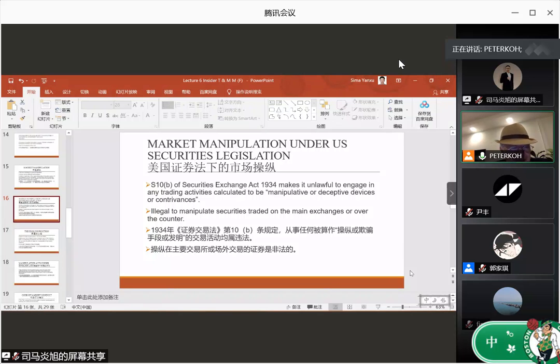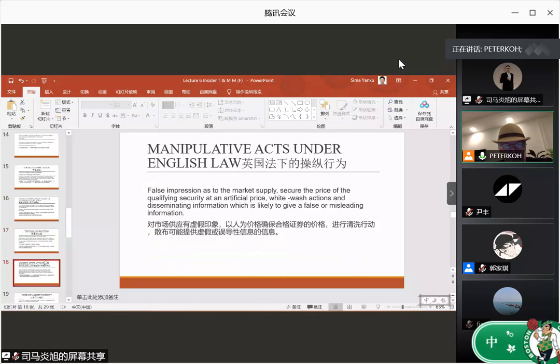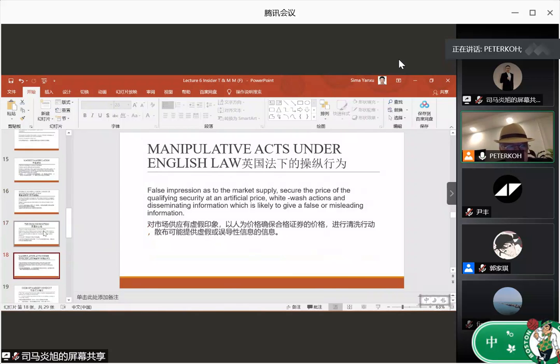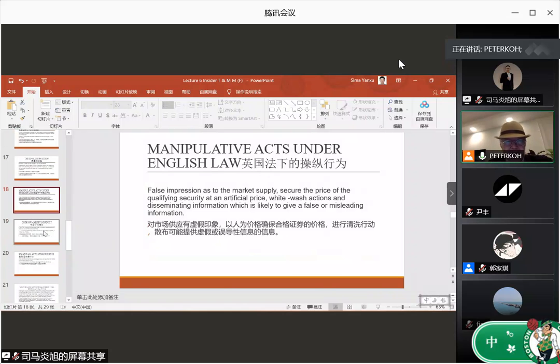Okay, next, number 18. Now, manipulative acts under English law, right? What kind of acts are considered manipulation under English law?